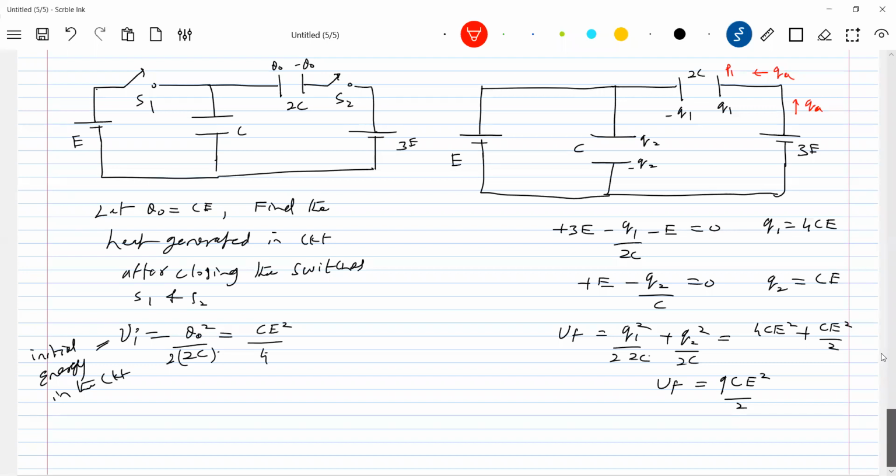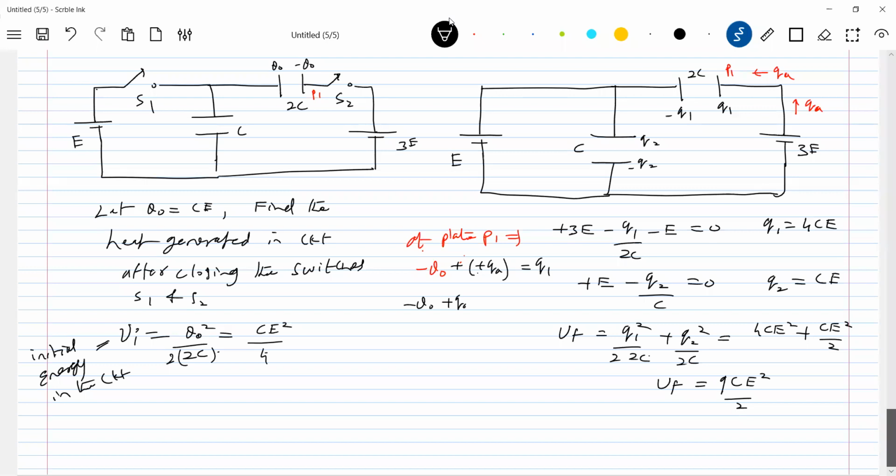So at plate P1, the earlier charge was minus Q naught, then plus QA charge entered, and finally it has become Q1.